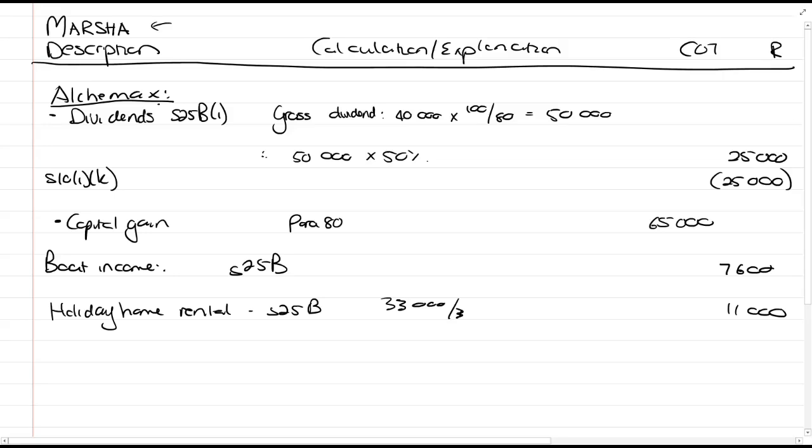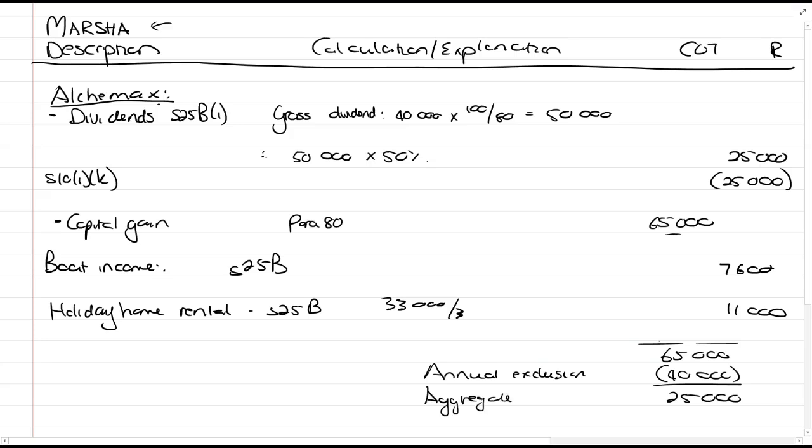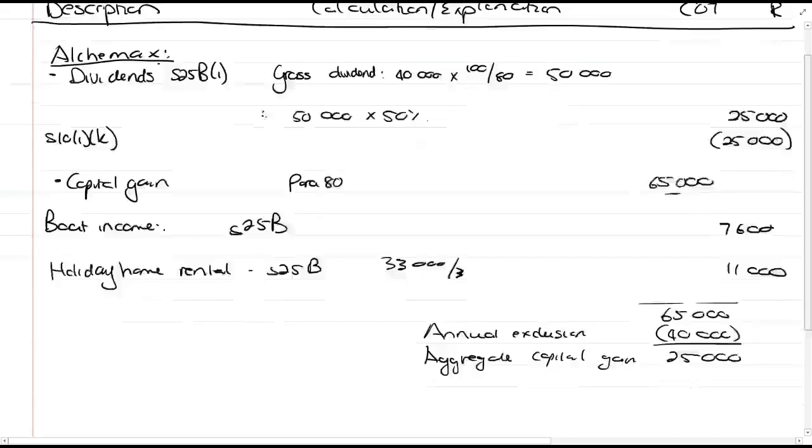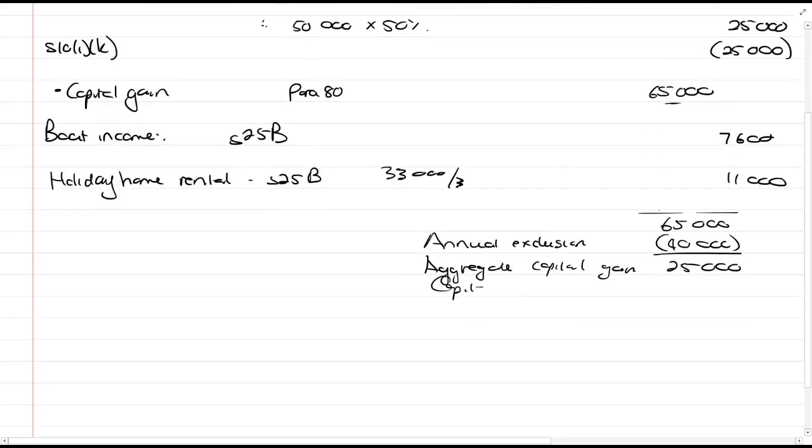For Marsha, there was the 65,000 capital gain, so we add it all up. Then we have our annual exclusion. This is again our aggregate capital gain. We then take into account as a capital loss, none.